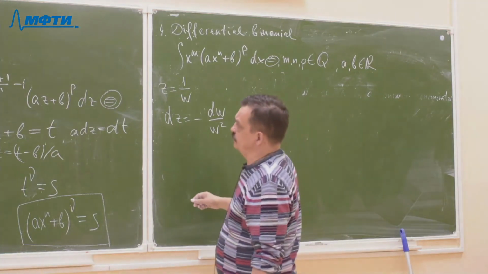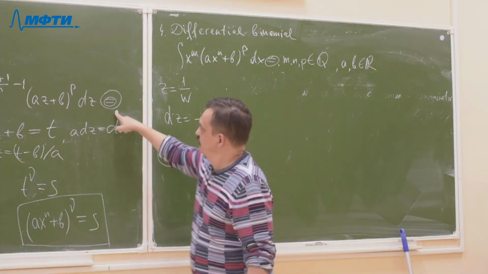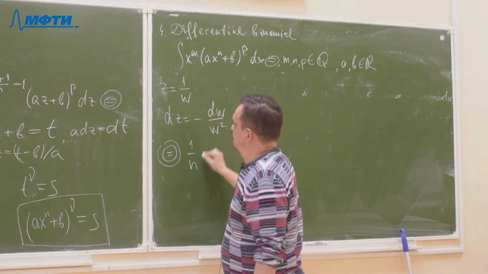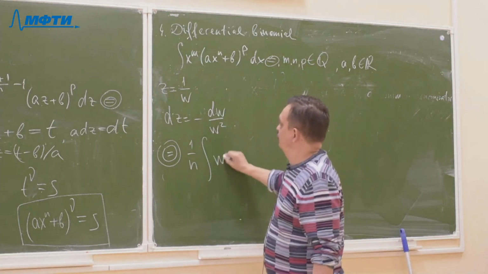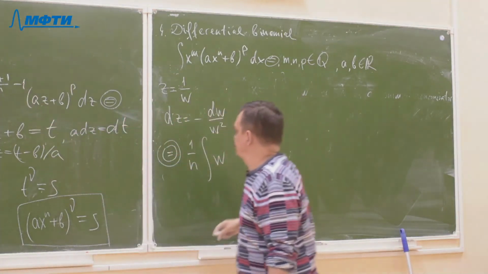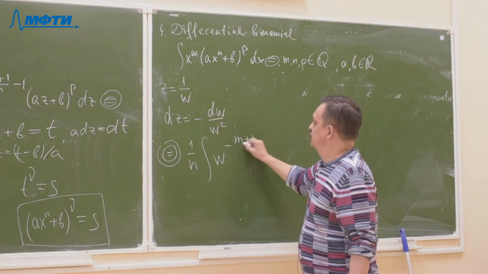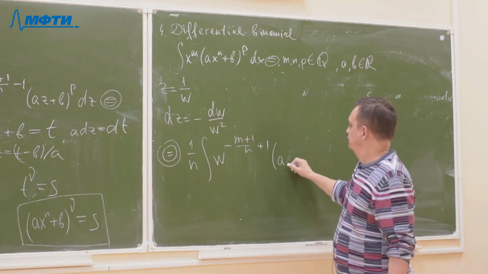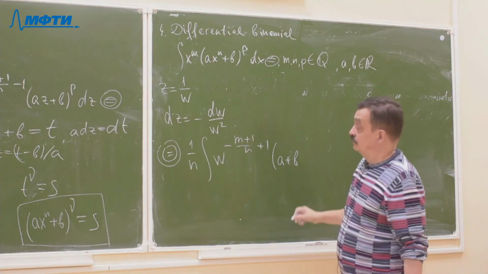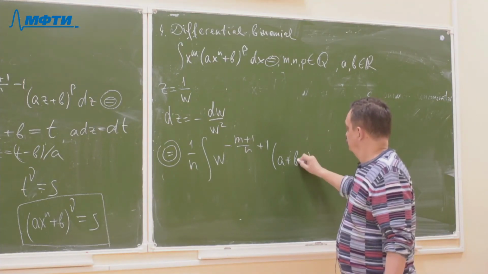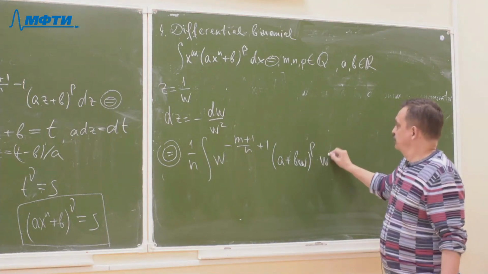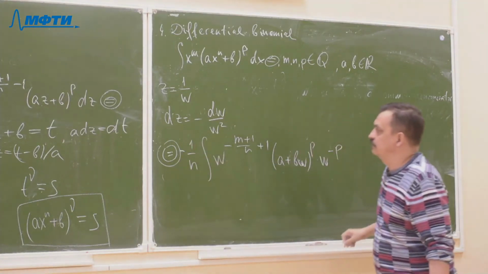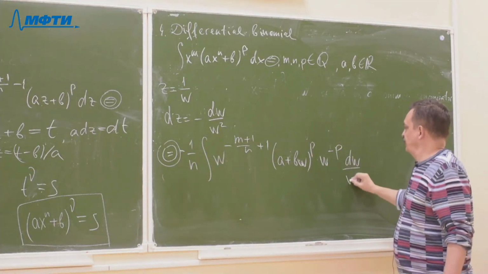So we substitute everything from this point: 1 over n integral of w to the power minus (m plus 1 over n plus 1) times (a plus bw) to the power p, w to the power minus p, minus here and dw over w squared.